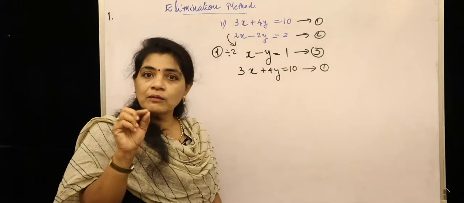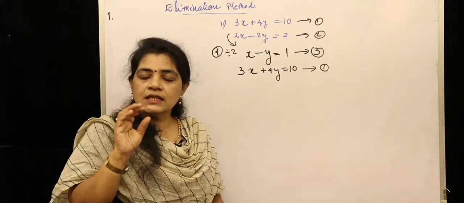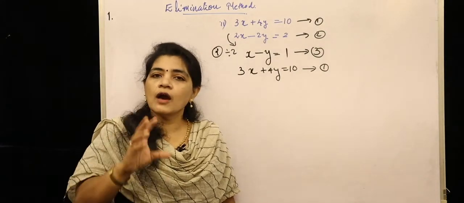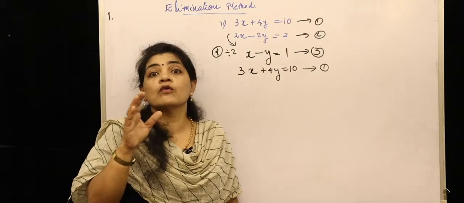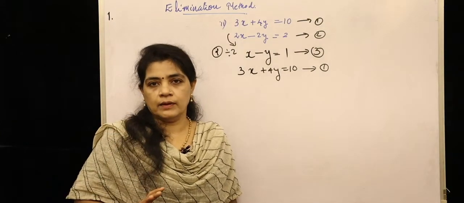That is the way you can make the coefficient of x the same in both equations. See children, in the elimination method, this is the very important thing. We have to definitely make the coefficient of either x or y the same by multiplying with a suitable number.